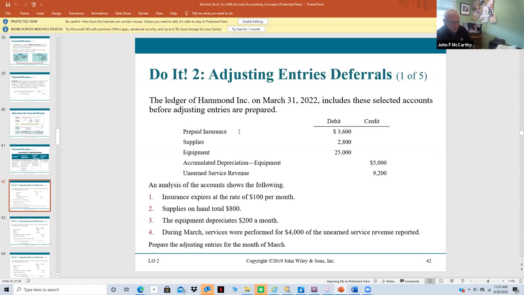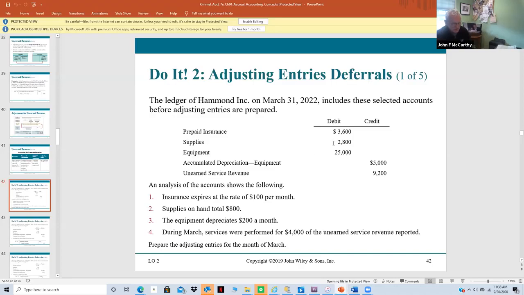So this is our unadjusted trial balance, okay? A portion of our unadjusted trial balance. It can't be the whole trial balance because it doesn't balance, right? So it says select accounts. It's before adjusting entries.